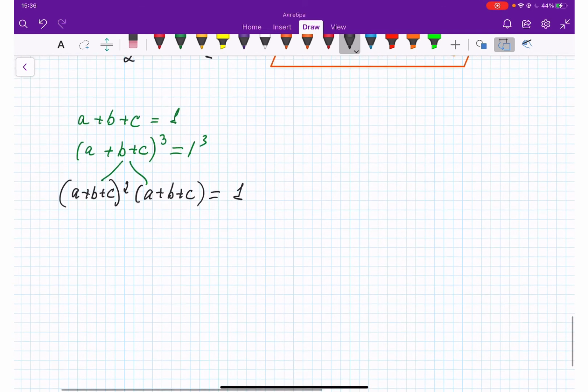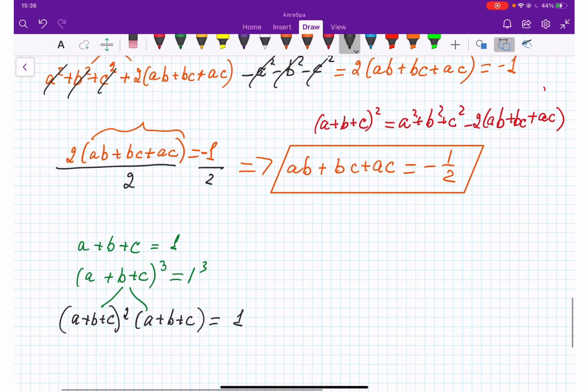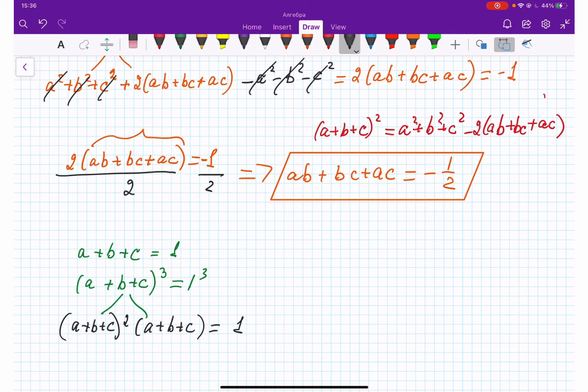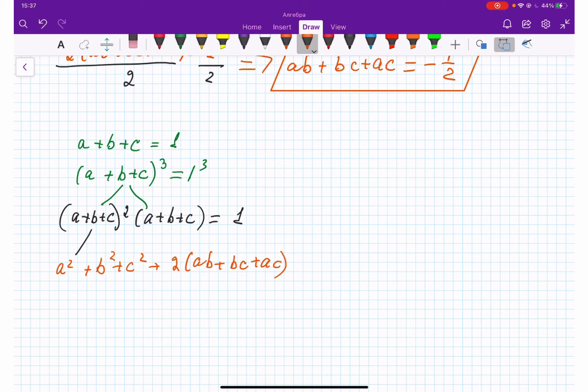Now I'm opening A plus B plus C squared. We got it from here. I'm going to write it down, and it's going to be A squared plus B squared plus C squared plus twice AB plus BC plus AC, right?